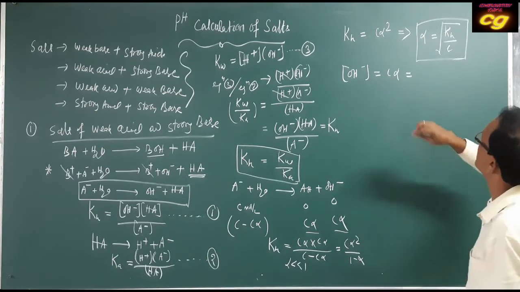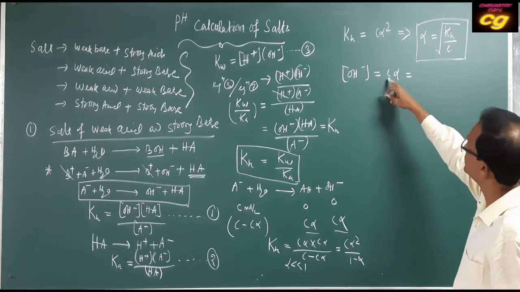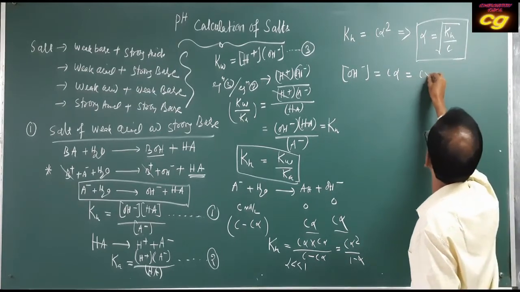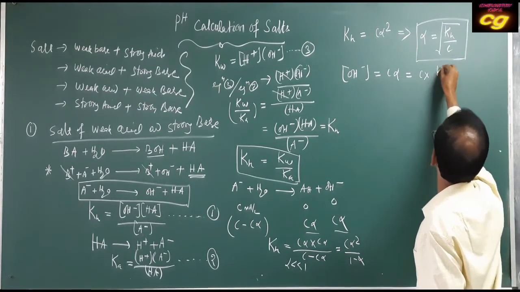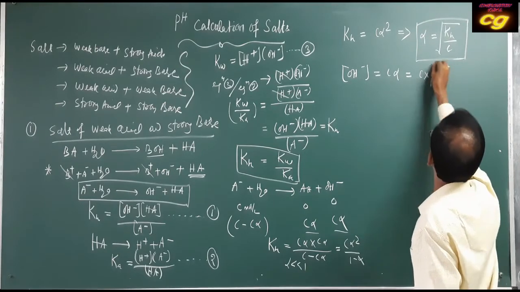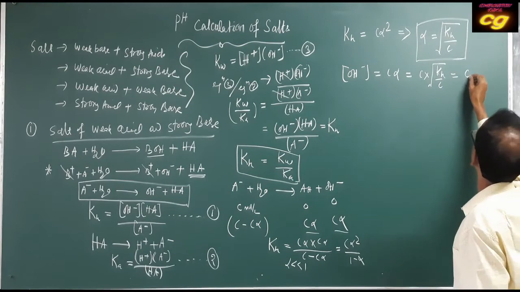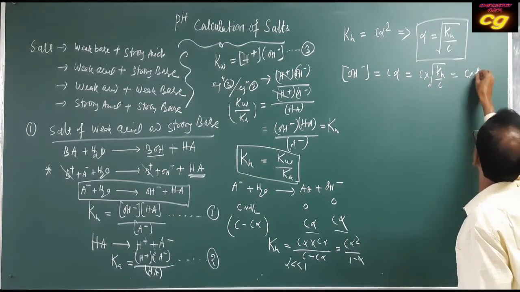C is already given, and alpha took the value, so C into alpha is equal to C into square root of Kh upon C. If C goes inside, it is square root of C into Kh.